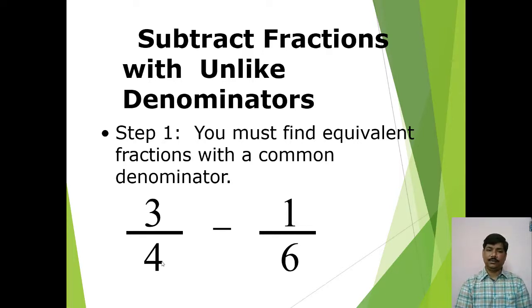Step first, same as addition, we have to find equivalent fractions with the common denominator. Here the fractions are unlike fractions, so we have to find the equivalent fractions of 3 by 4 and 1 by 6 with the common denominator.